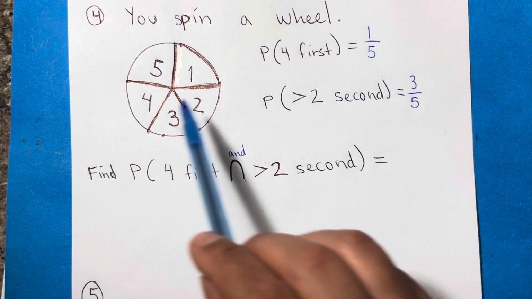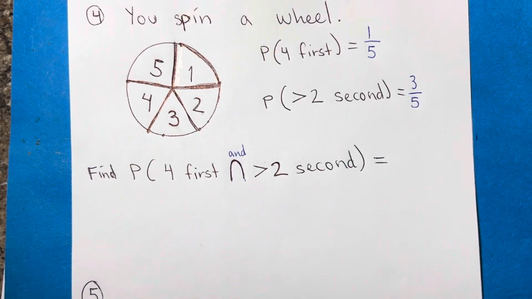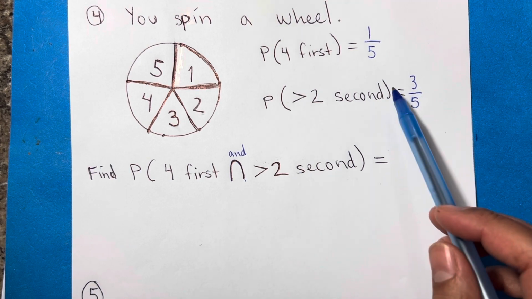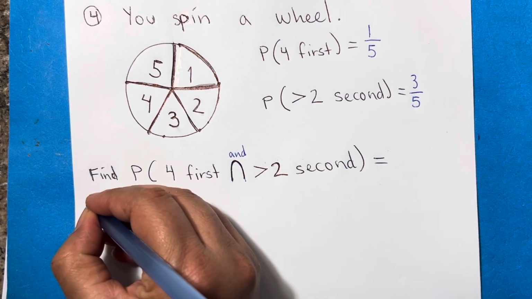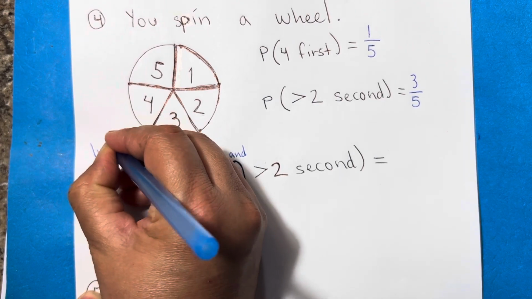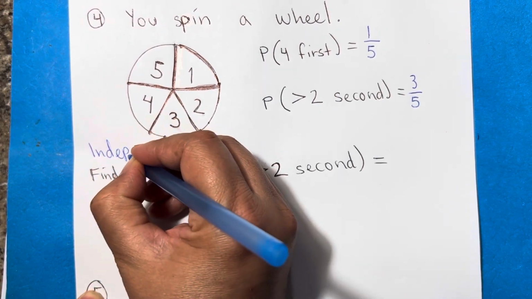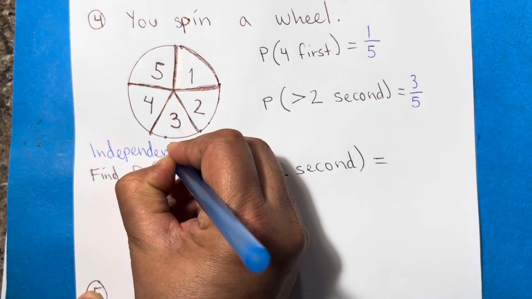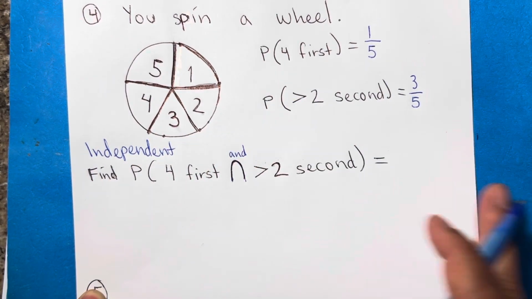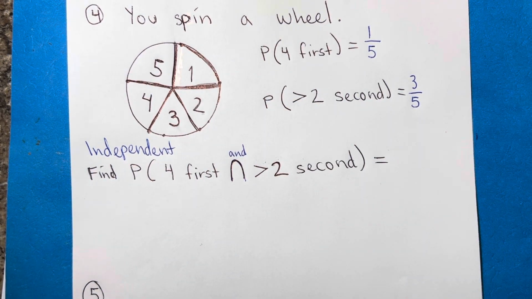You still can choose from it. It's not like when you remove it, okay? Like we've said before in the deck of cards. So because it doesn't affect it, then we say that this is independent probability. Okay, so these two events are independent of each other.